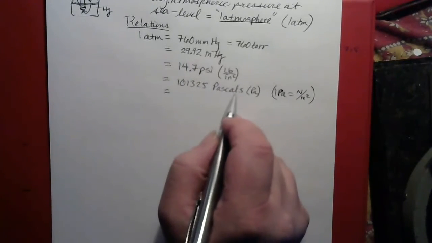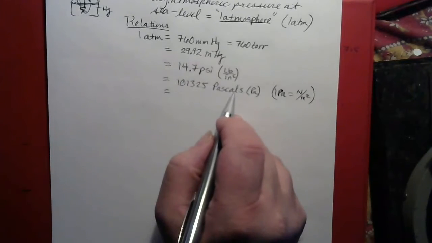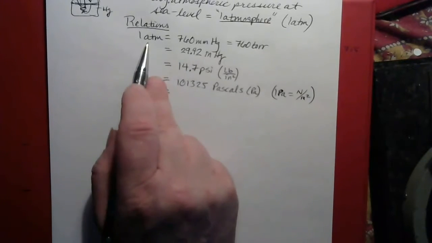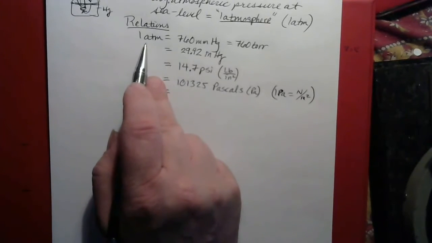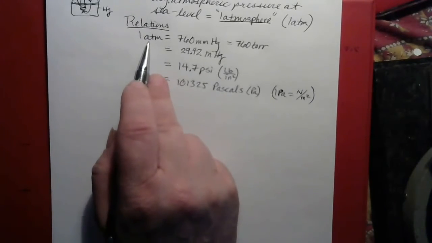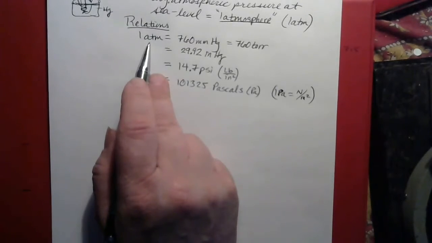We don't actually use pascals very often for pressure, oddly enough, because most of the equations that we use for pressures in dealing with gases actually call for the pressure to be in units of atmospheres rather than pascals.